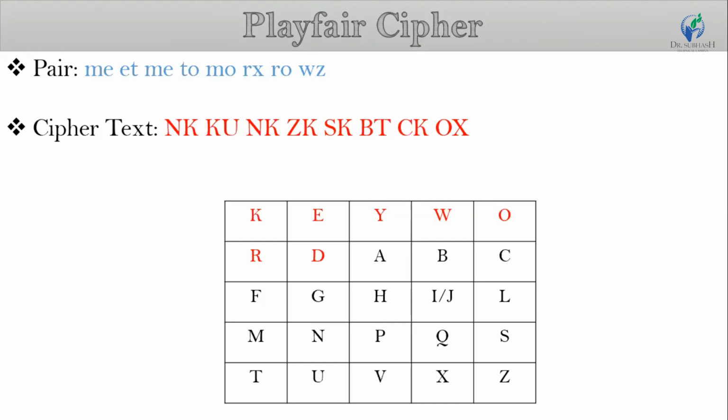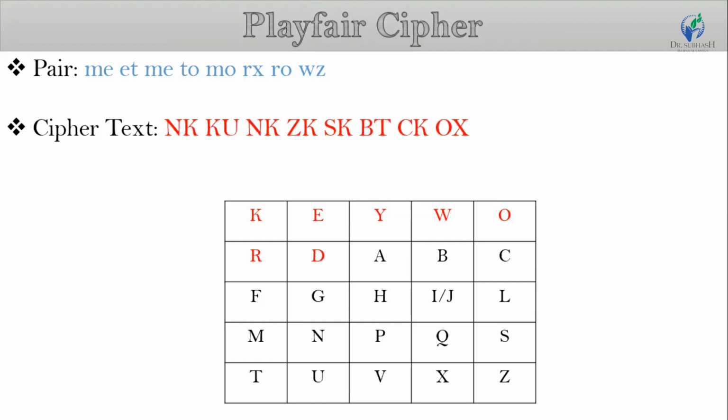So T is replaced with Z and O is replaced with K. Similarly, M and O are neither in the same column nor in the same row.